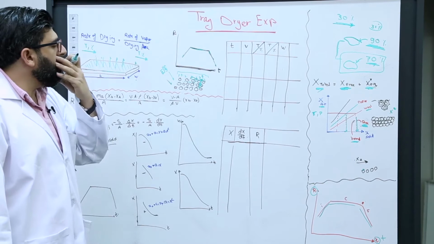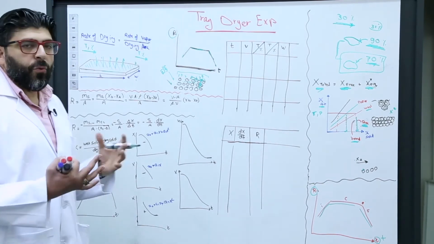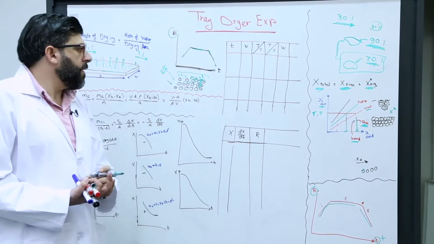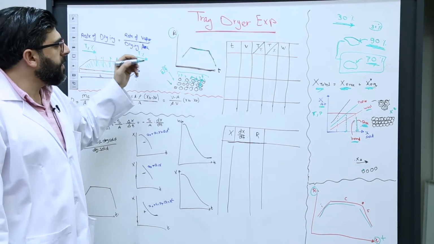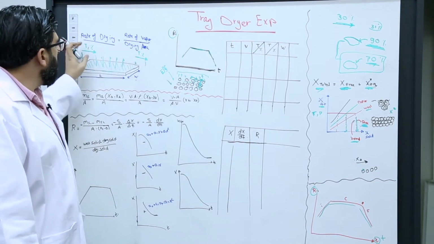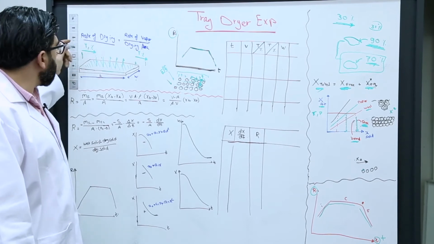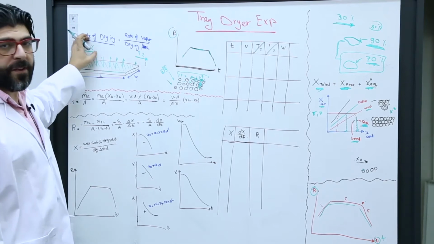Now, how to determine the rate of evaporation? We have two ways to determine the rate of evaporation. We can determine it by analyzing the air properties before and after. So I have air entering the tray, and this air has a specific humidity and specific temperature.